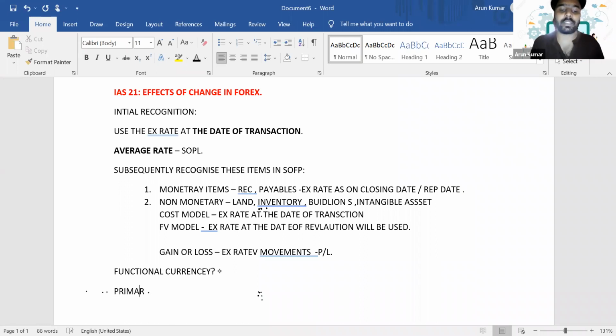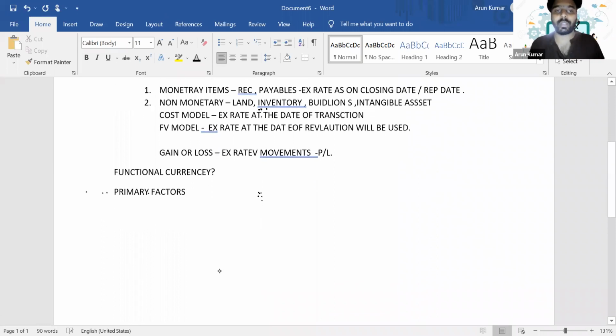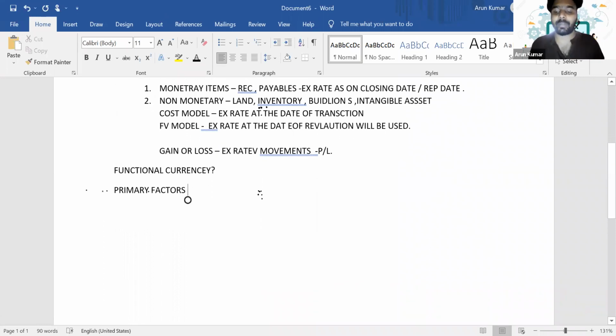Initially, we'll consider some primary factors. Then if the primary factors don't give a good result, we will consider the secondary factors. So we have two types of factors, primary and secondary, to find the functional currency. The functional currency means the currency of the primary economic environment. That's what I mean by functional currency.